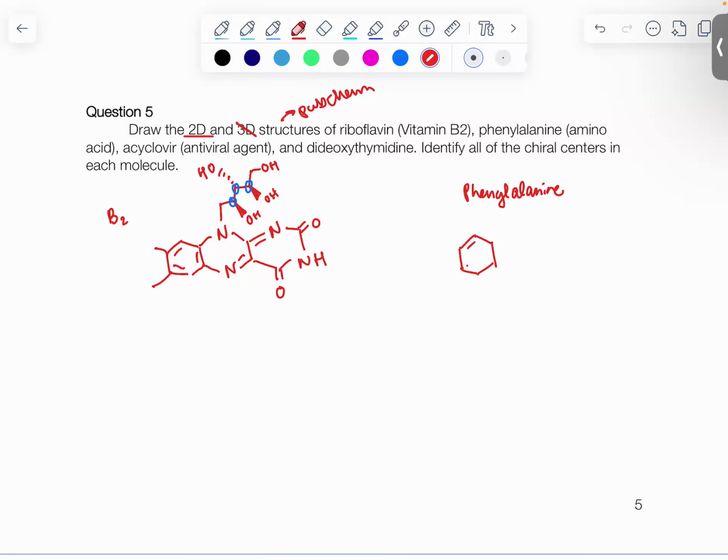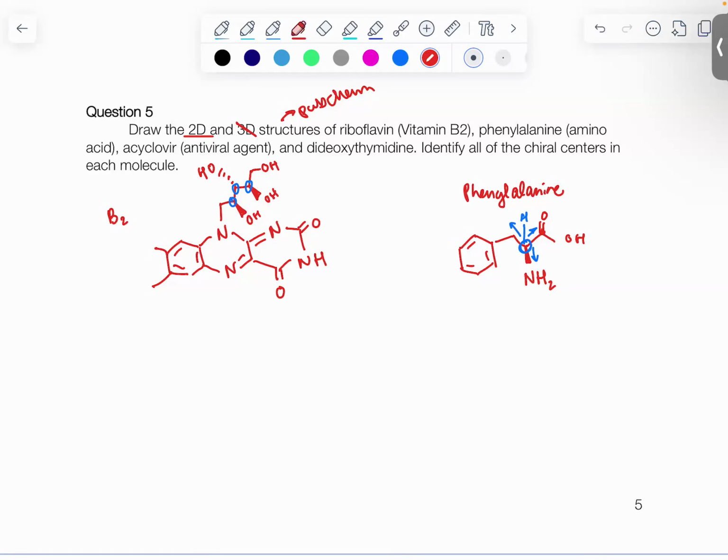So we have this benzene ring to start, and then we have the acid part of our amino acid, the carboxylic acid, and then we have the ammonia or amine part of our amino acid, and this right here is our chiral center. We have the benzene off this way, the acid off this way, the amine, and then that implied hydrogen.